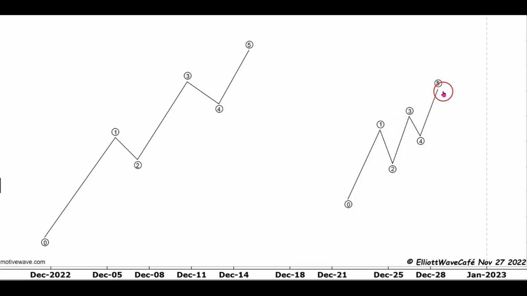So hopefully I made that pretty clear, and that's how it is. This doesn't matter if it's a leading diagonal at the lows, or an ending diagonal that finishes, let's say, a fifth wave of a larger degree count or something like that. So always think about this third wave inside there.